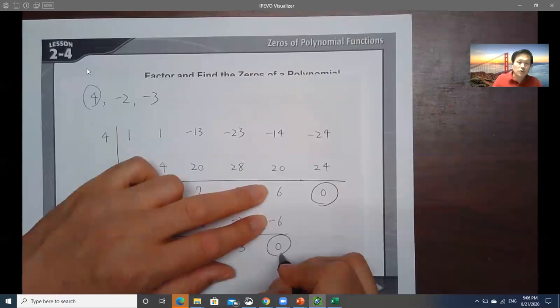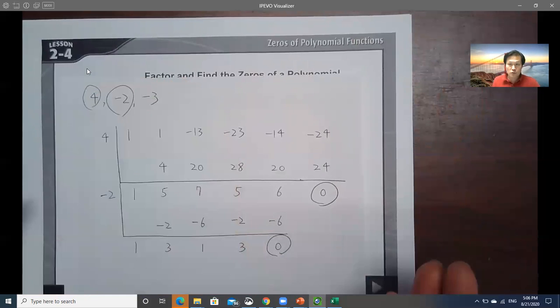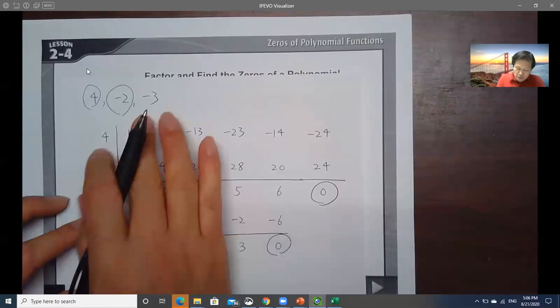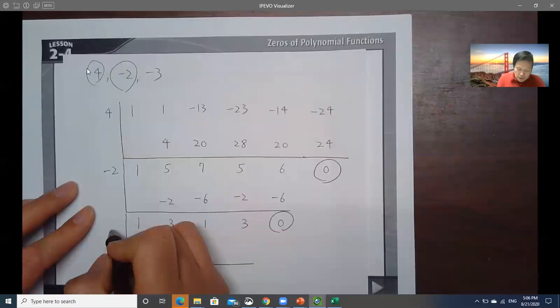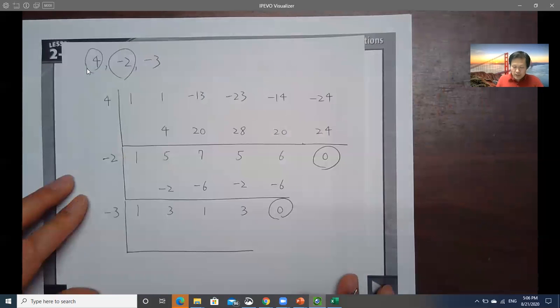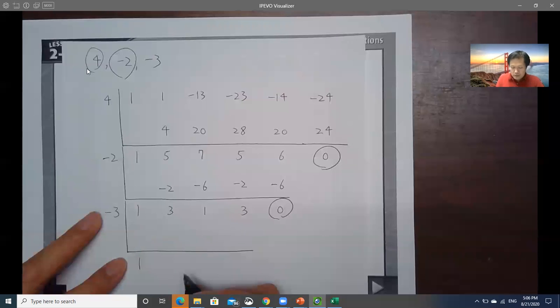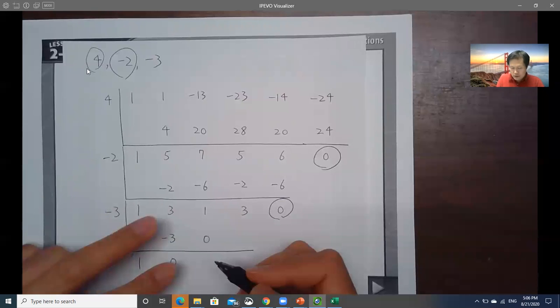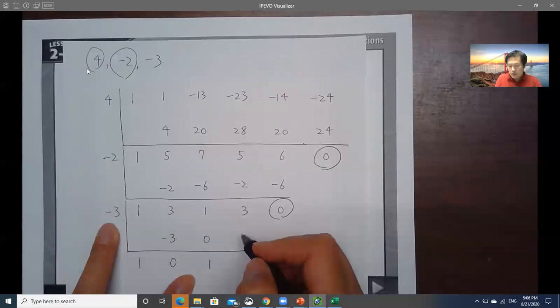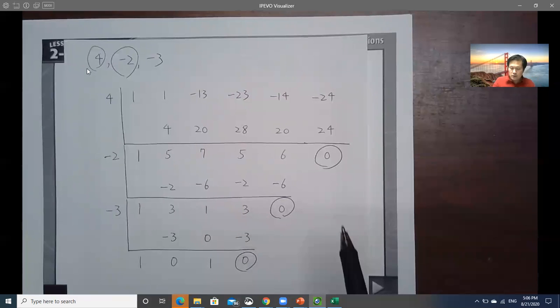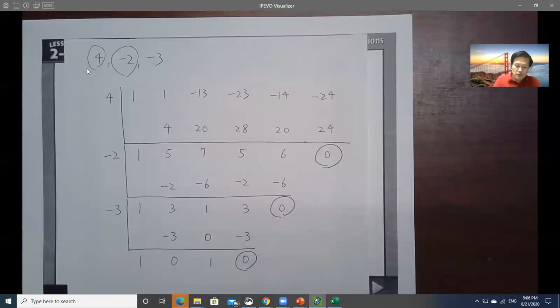So -2 works as well. It is supposed to work, we already verified from the graph. Then -3, you have to keep going with the -3. Adding, multiplying, adding, multiplying, adding, multiplying, adding. Okay, we got 0, 0, 0, everything is good, so we cleared this.